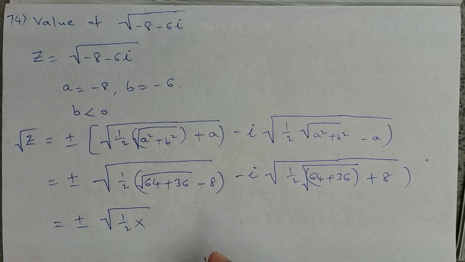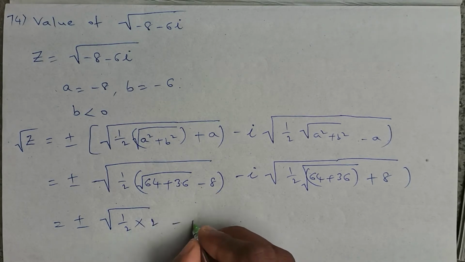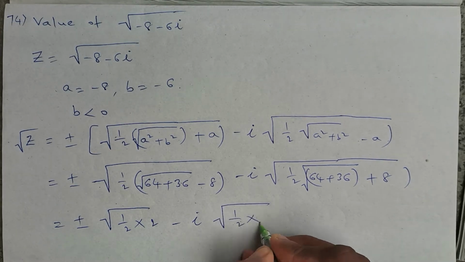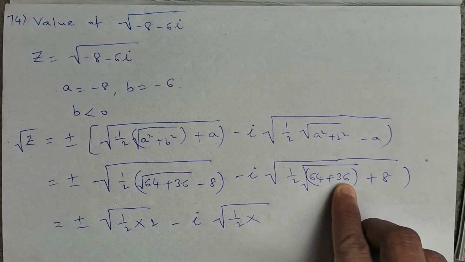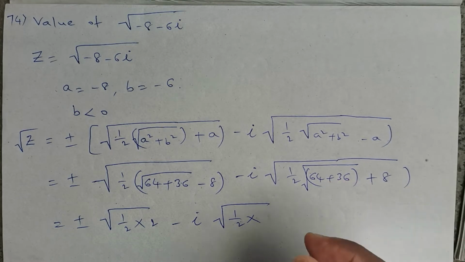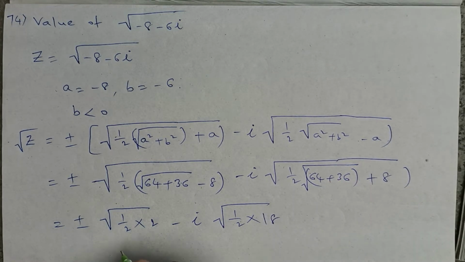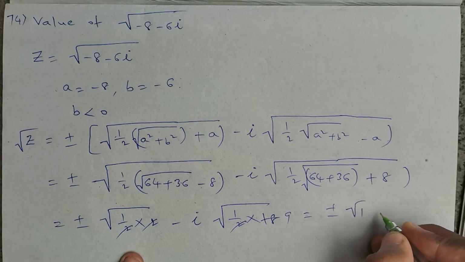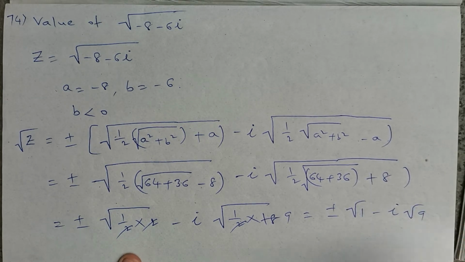So which is equals to plus or minus under root half into 64 plus 36, 100, root 100 is 10, 10 minus 8, 2, minus i times under root half into 64 plus 36, 100, root 100 is 10, 10 plus 8, 18. So if you do simplification, 2 cancels, 2 1s are 2, 9s are 9. So we get plus or minus root 1 minus i times root 9.